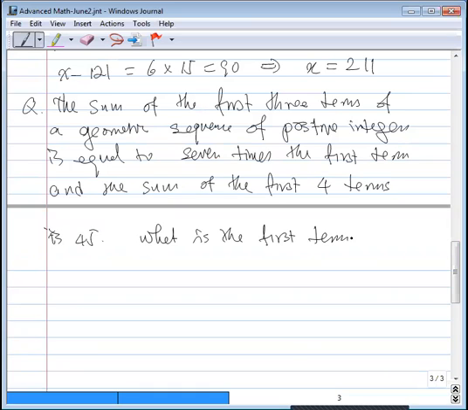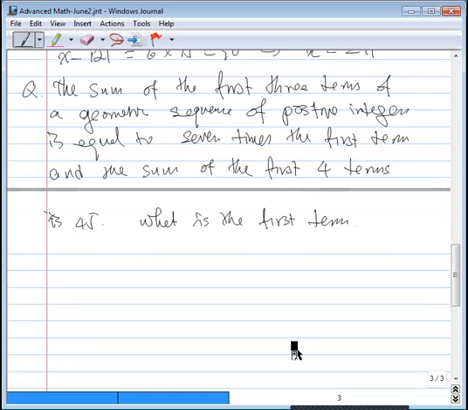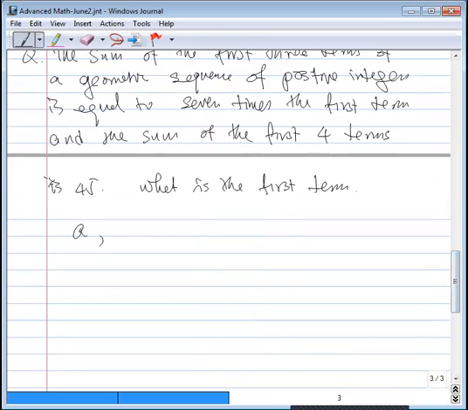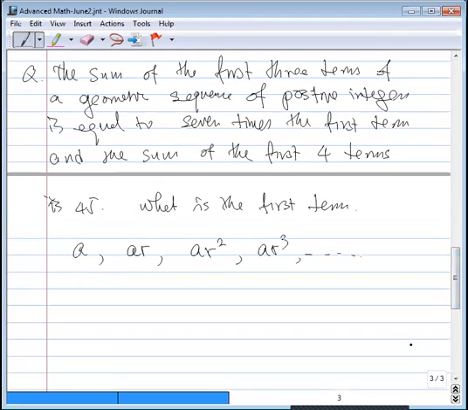Okay, a geometric sequence is going to be written in the form where the first term is A, right? And each time you multiply by R. That's called the geometric sequence. And we know that the sum of the first 3 terms is going to be 7 times the first term.